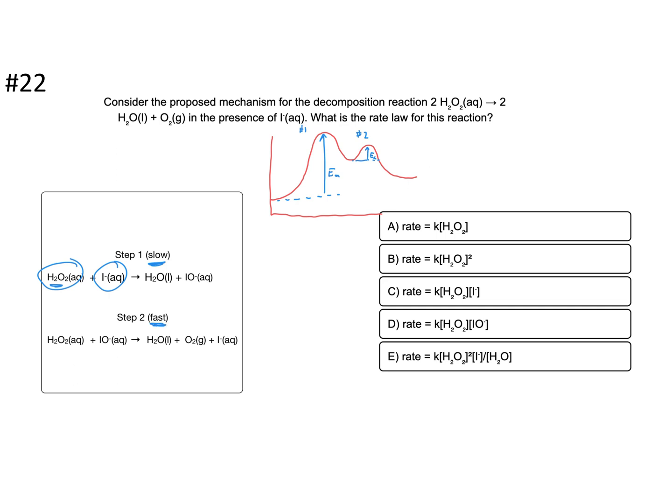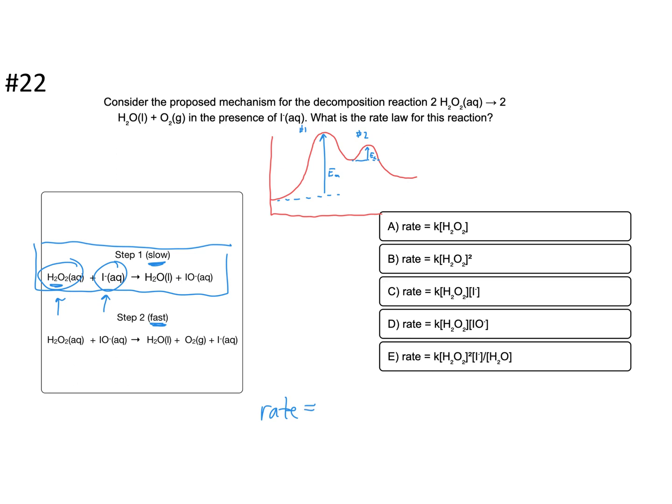Because the second step is the fast step, that's not going to set the rate of the reaction. The rate determining step sets the rate of the reaction. And in the rate determining step, we only have one hydrogen peroxide and one iodine. They don't give us any rate data and concentration, so we can assume this is an elementary reaction.